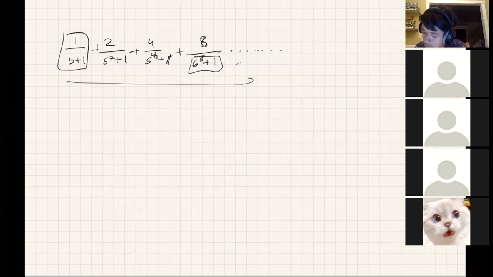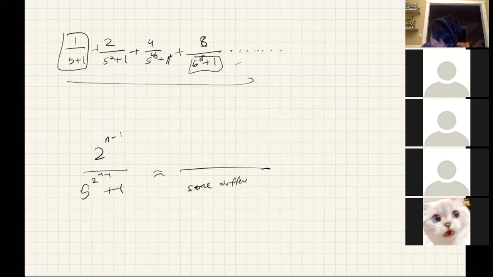So there's a little bit of wishful thinking: we're looking for a way to represent this summand as some difference of squares minus some difference of squares.